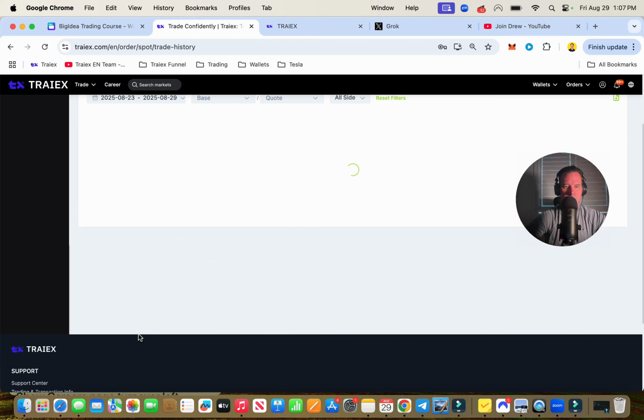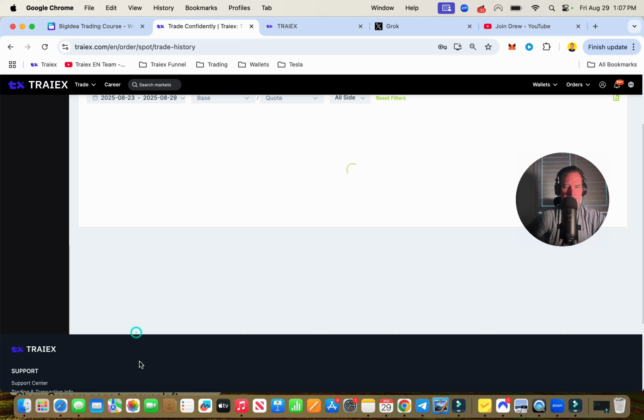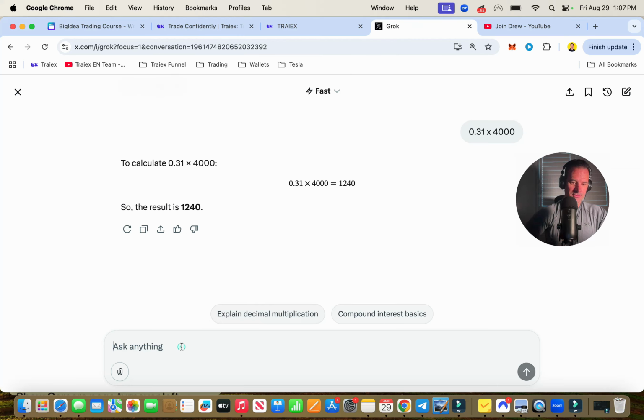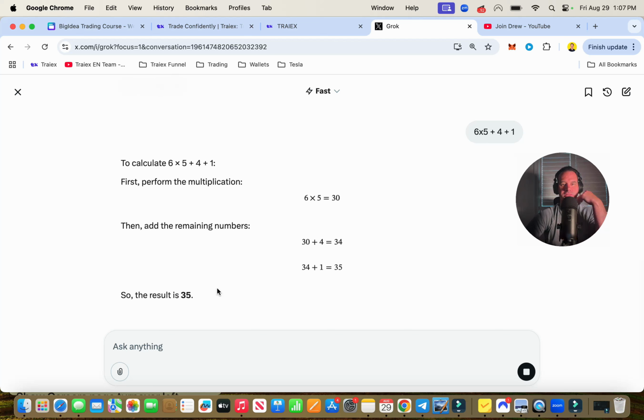So this is 1, 2, 3, 4, 5, 6, and then that page there. So 6 times 5 plus 4 plus 1 is what we need to do. We had 1 trade on page 4, then 4 trades on page 11, and then 6 times 5 for all the other pages there, 5 trades per page.